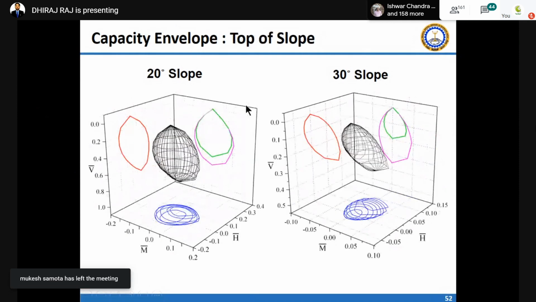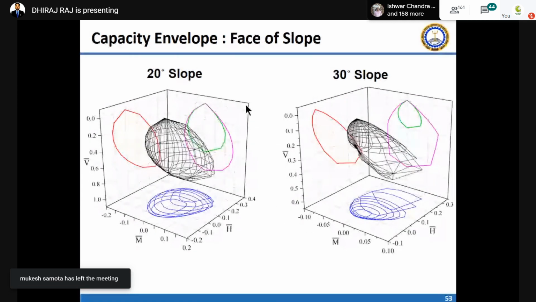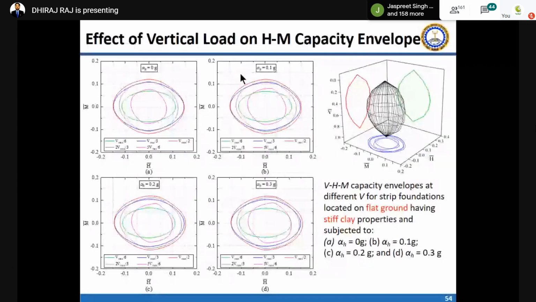Okay, so these are three different cases. So how are these envelopes actually looking under vertical load, and what is the effect of different horizontal seismic coefficients? You can see for flat, it is actually changing with the vertical load, where I have targeted 5 vertical loads, as a fraction of bearing capacity.